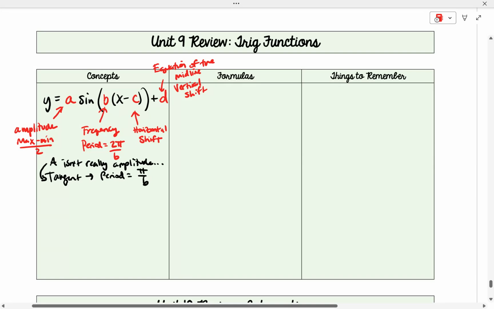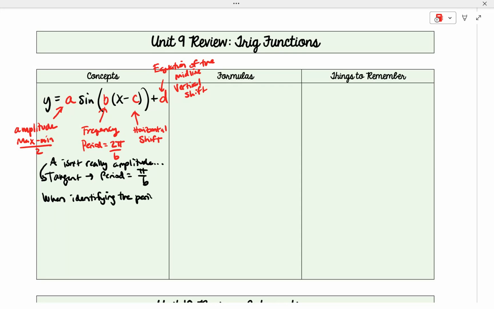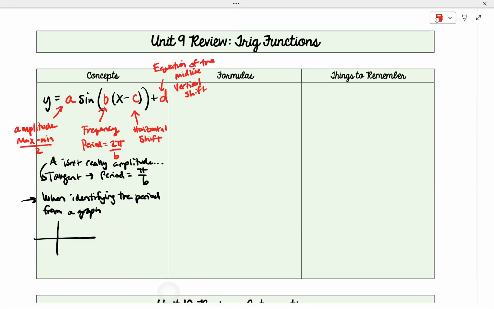So, when you are identifying the period from a graph, what it would look like is you're waiting to see when it completes one fundamental pattern.